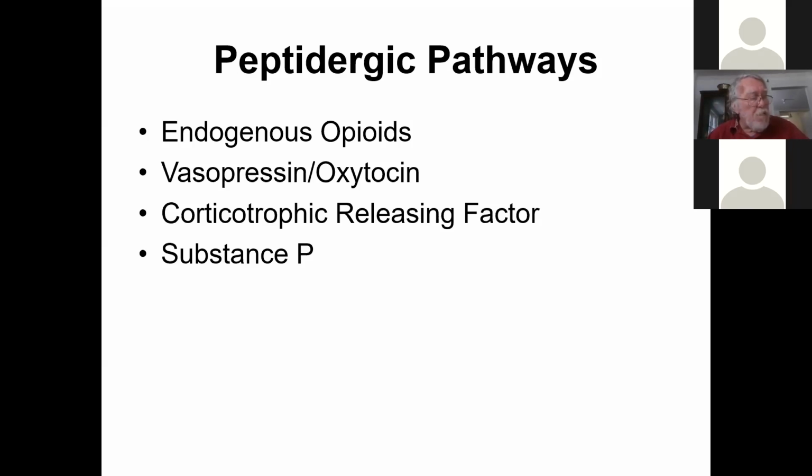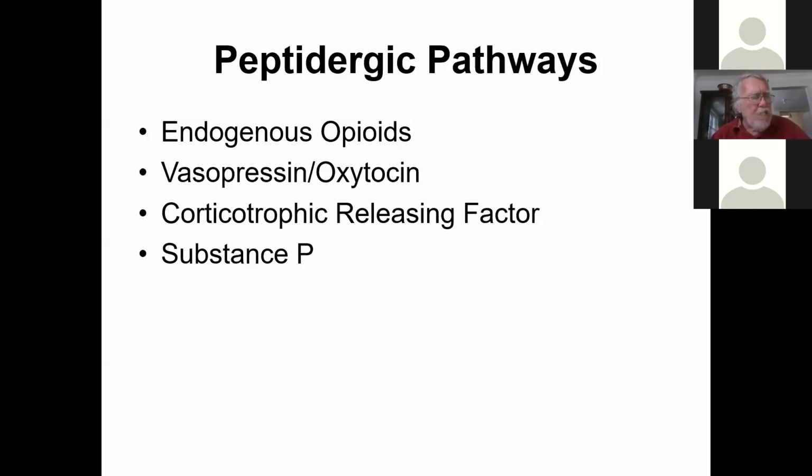And of course, by the early 1970s, it was appreciated that there were three other single amino acids, glutamate, glycine, and GABA, all of which acted on not a simple receptor, but a receptor complex to provide excitatory effects or inhibitory effects.